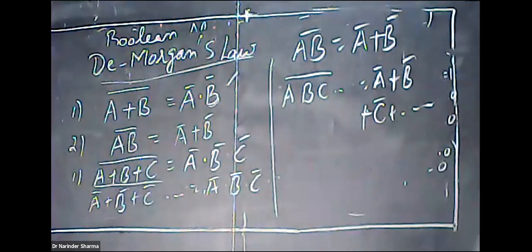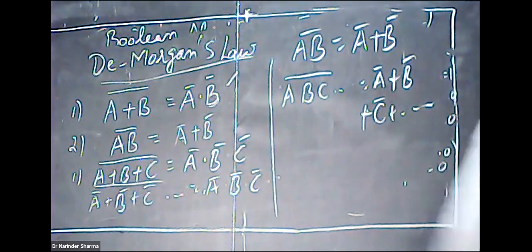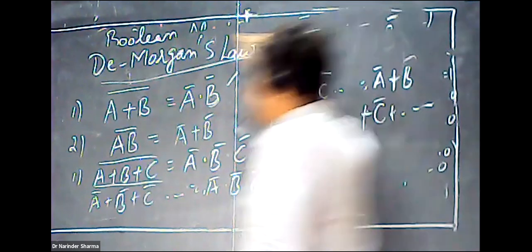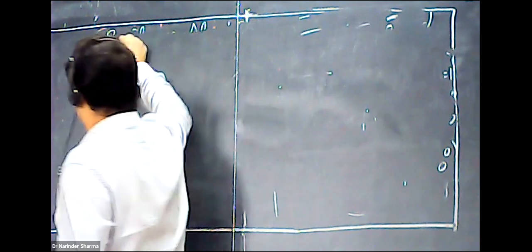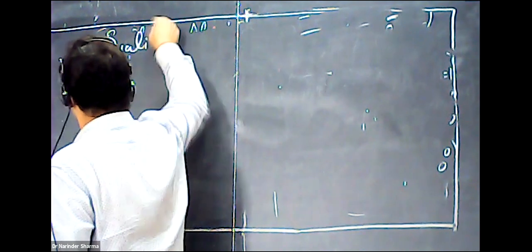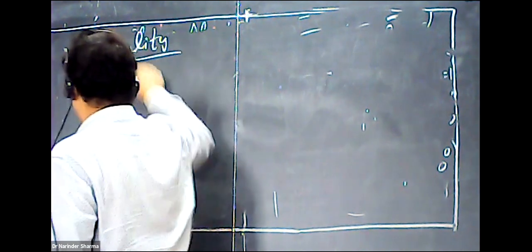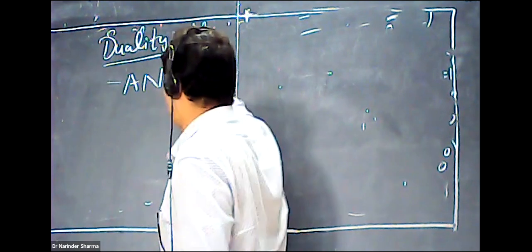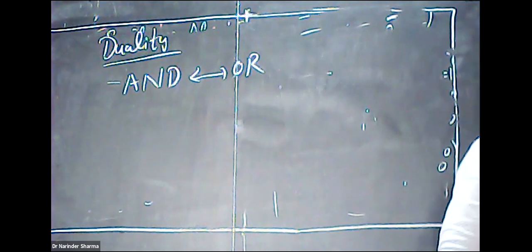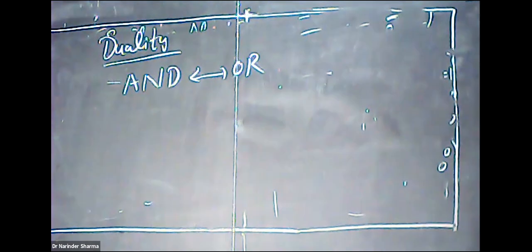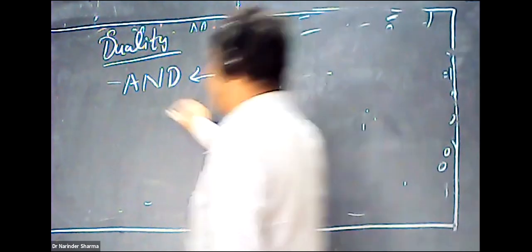Next is the principle of duality. It is achieved by interchanging the AND and OR, and interchanging the zeros with ones.